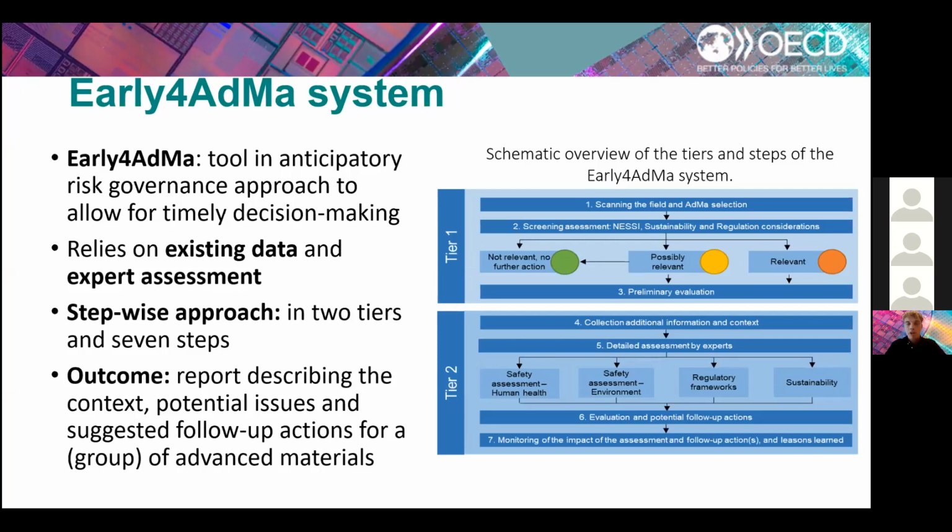A schematic overview of these steps is presented on the right. And the outcome is really a report that describes the context, which I will explain briefly in a minute, the potential issues that were identified using the system, and what could be follow-up actions for a specific material or a group of advanced materials. Next slide, please.